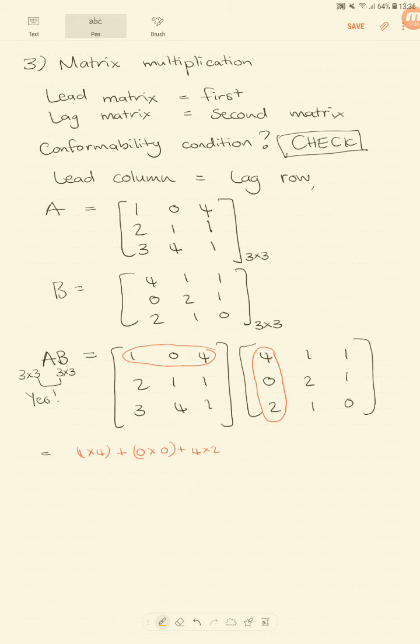Second, we take row 1 times column 2, which would be 1 times 1 plus 0 times 2 plus 4 times 1.